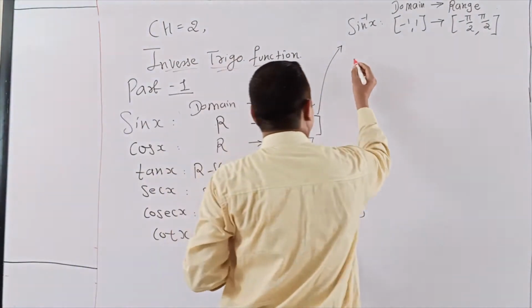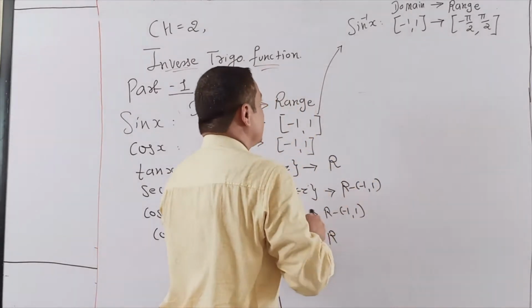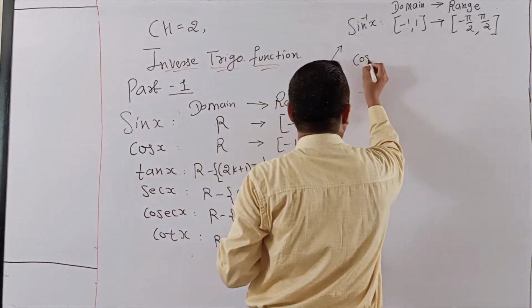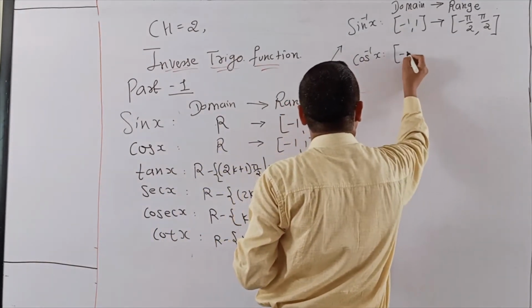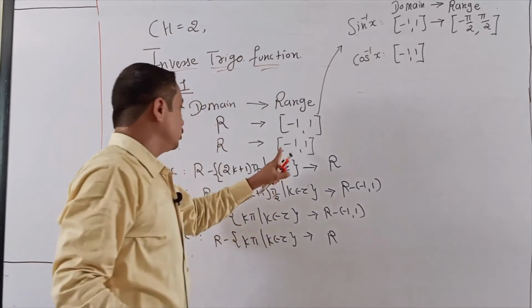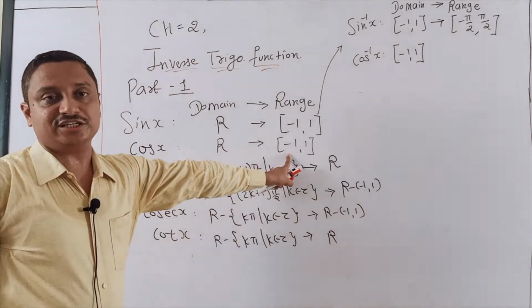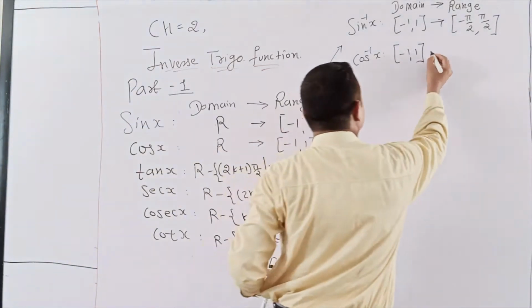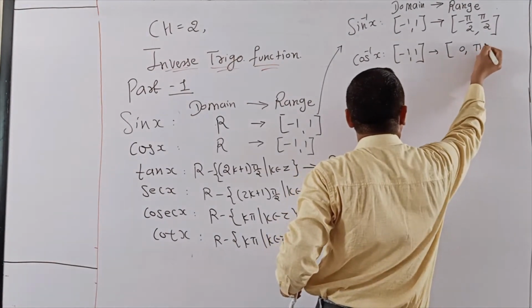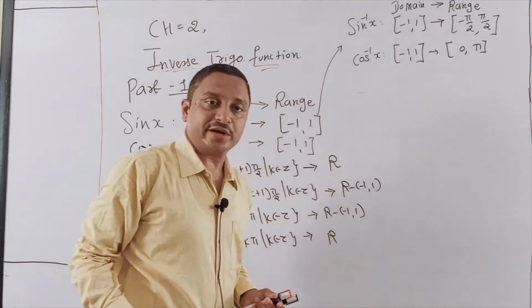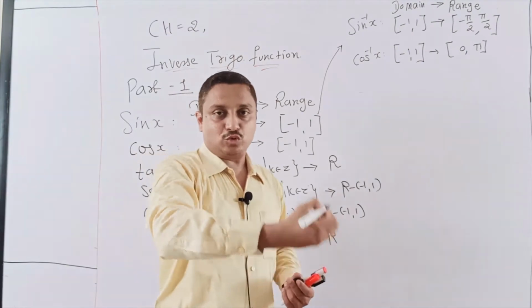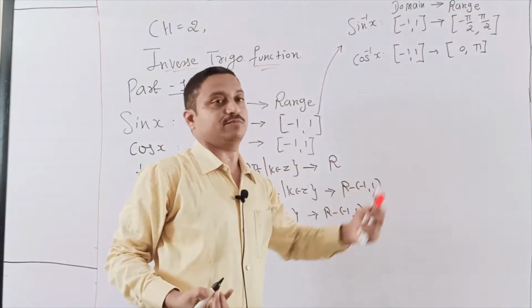Similarly, cos inverse x: the domain is also -1 to 1 because the cos function range is -1 to 1, and the range is 0 to pi because cos 0 is 1 and cos pi is -1. So minimum to maximum are all covered in the range part.